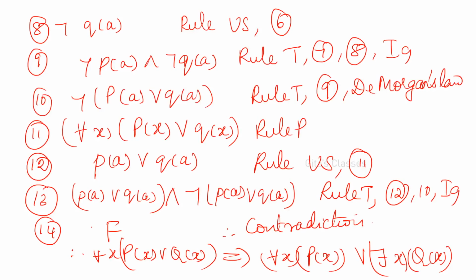Next question. We have completed the second question, right? Next is question number 3. Show that congruence modulo m is an equivalence relation on integers.